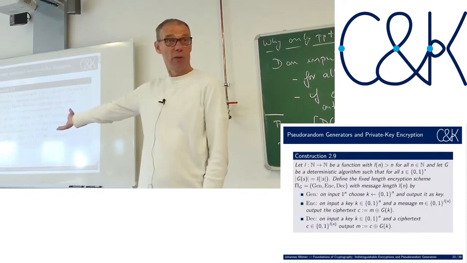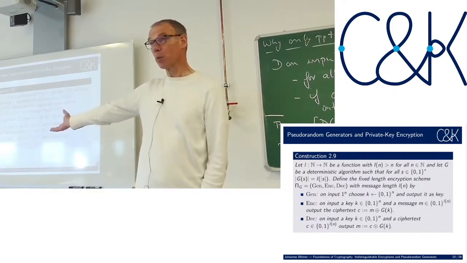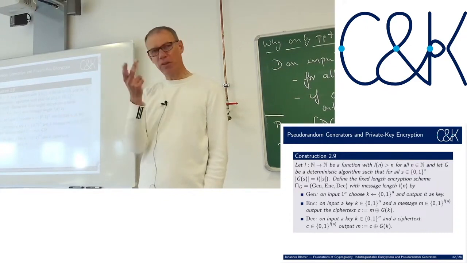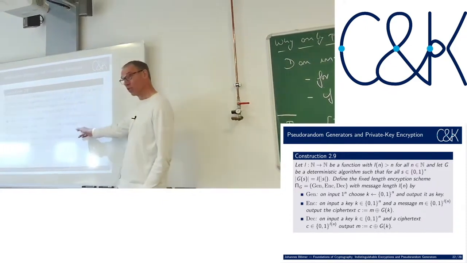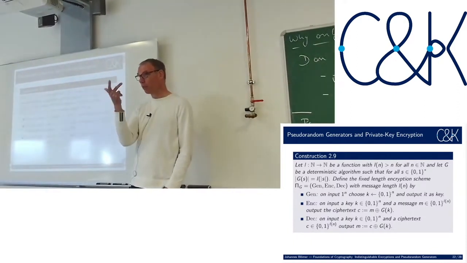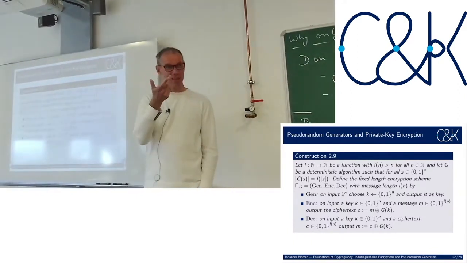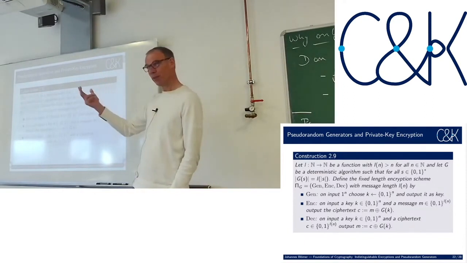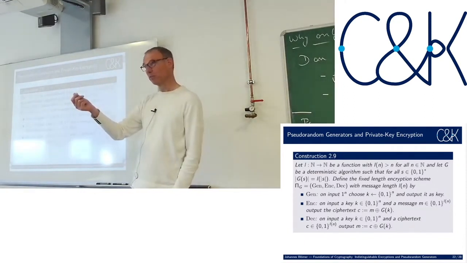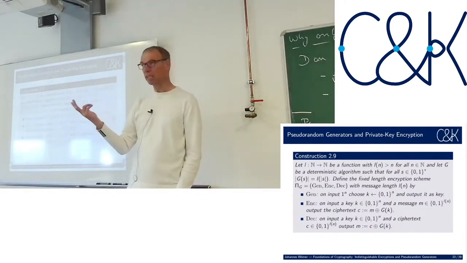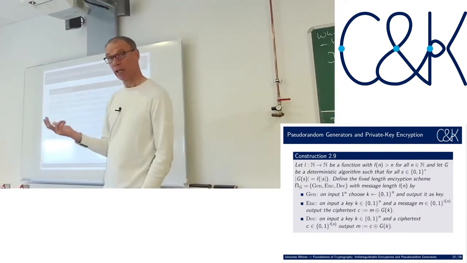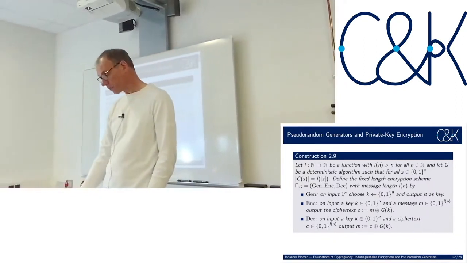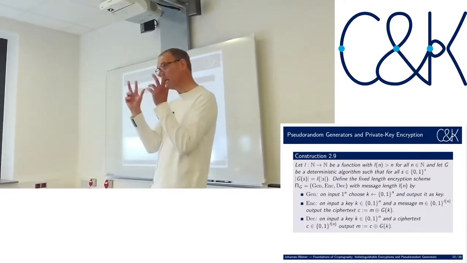So this one should have indistinguishable encryptions too. There should be a difference, because it's just pseudorandom, but the difference should be tiny and related to the difference between the pseudorandom and the truly random. That's exactly how we prove this.